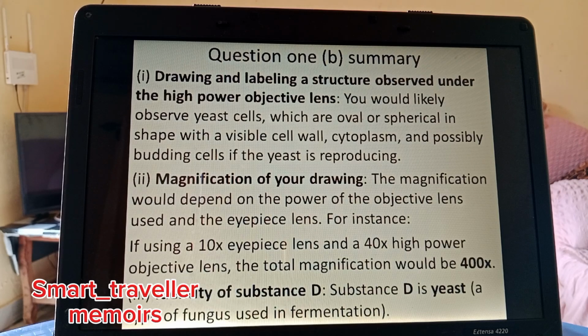The magnification would depend on the power of the objective lens used and the eyepiece lens. For instance, if using a times 10 eyepiece lens and times 40 high power objective lens, the total magnification would be 400 times. Identity of substance D: substance D is yeast, a type of fungus used in fermentation.